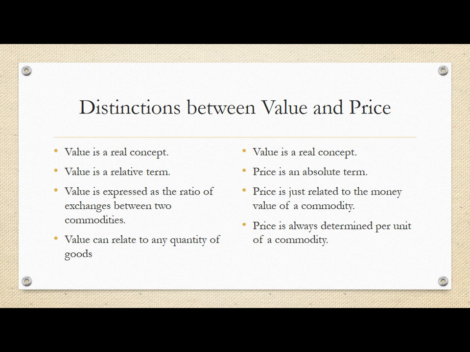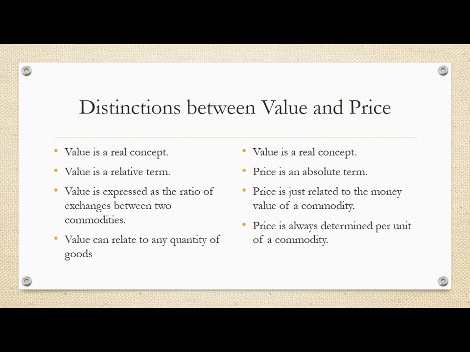So it is relative. Thus, the two values move in opposite directions. In short, all values cannot change in a uniform manner simultaneously, because value is a relative term and it is the ratio of exchange.